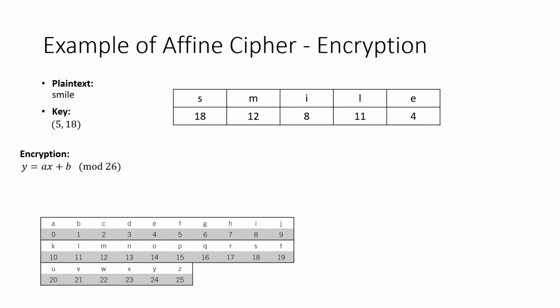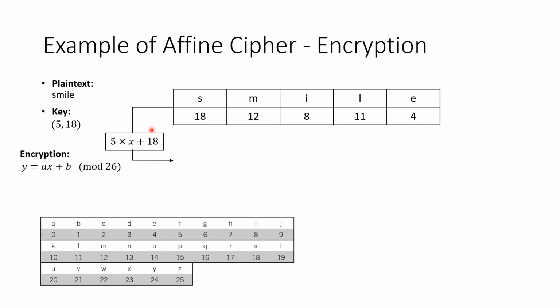Now that we have identified different components of our encryption function, it is time to actually plug it into the encryption function and see what values they output. So in this case, it would be the values in this row. We're going to plug them in this equation.